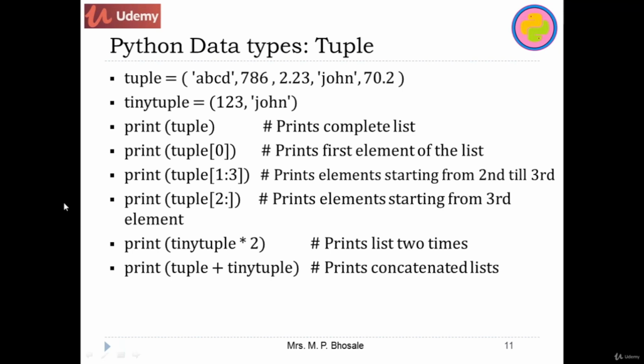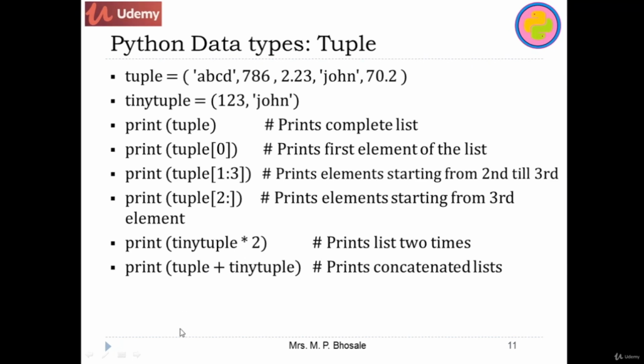You can also use this colon, which means you can have the starting element and afterwards print all elements, or retrieve some elements by using the specific index of that element. You can also use the star and plus operators for repetition and for concatenation. So we will be discussing this.